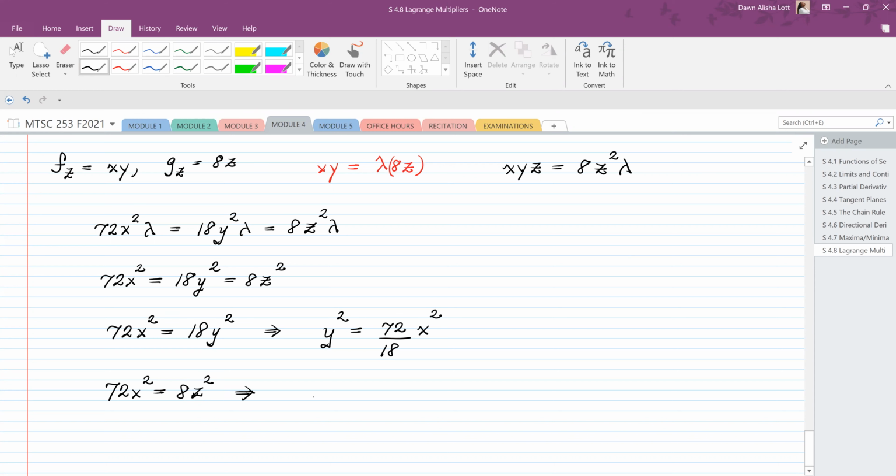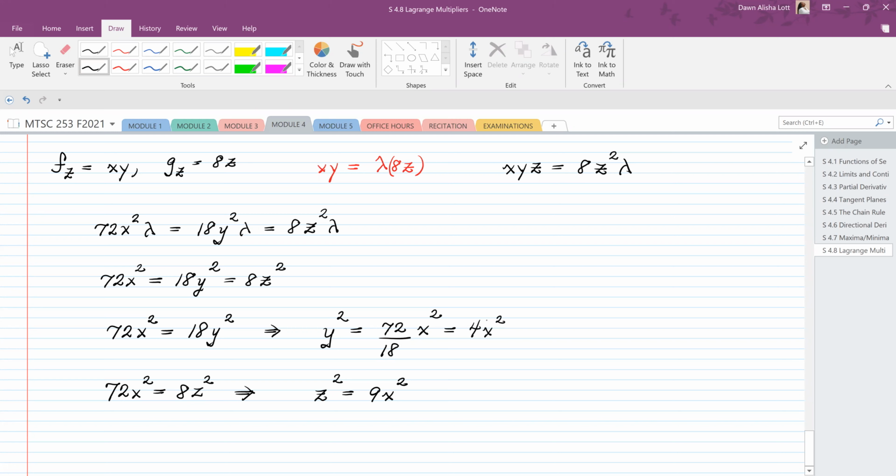That says that z squared is equal to 9x squared. 72 is indeed divisible by 8. I'm almost 100% sure. 9. What? Because 72 divided by 18 is 4. So this is 4x squared.